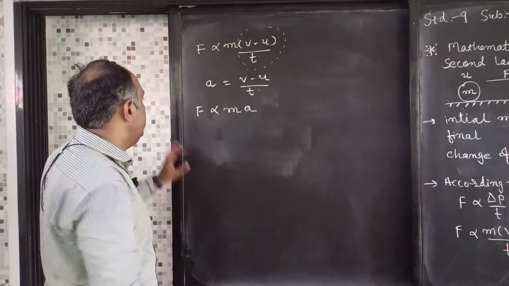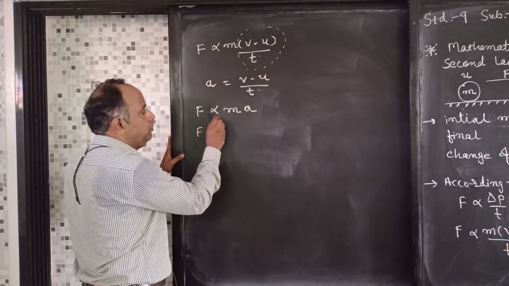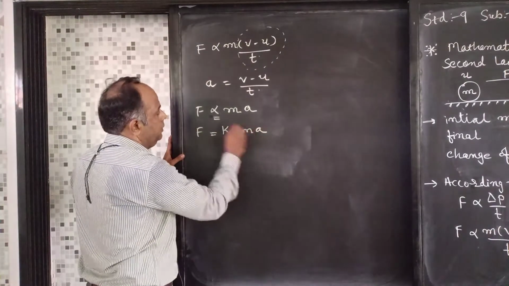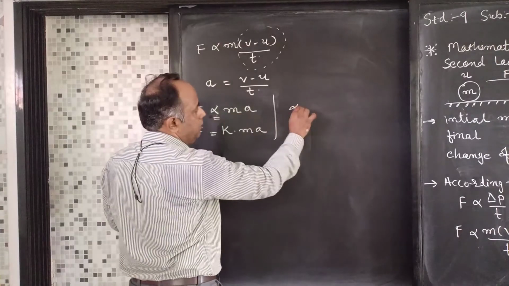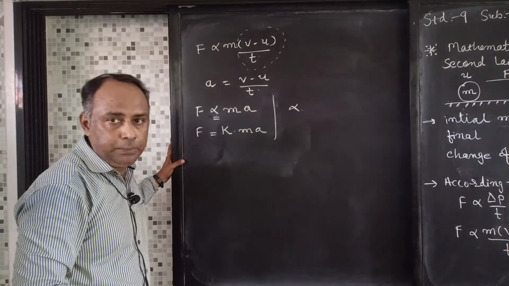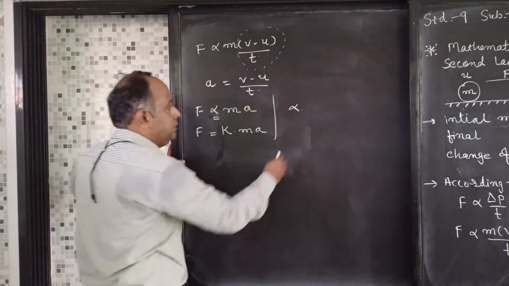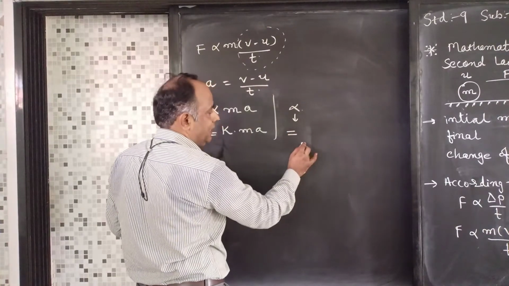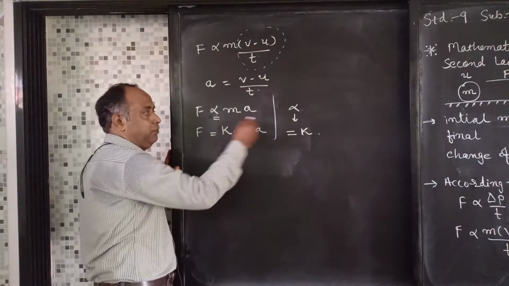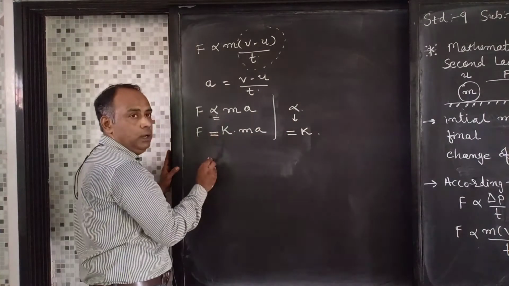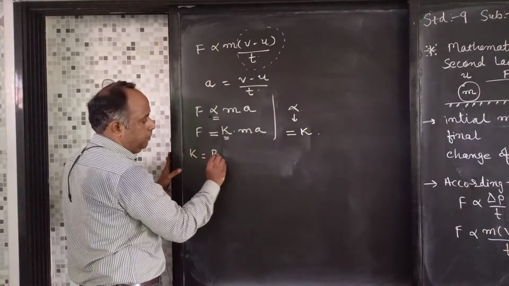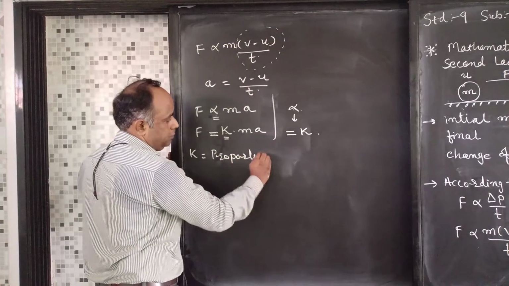So finally, what I am going to do is remove this symbol and use the equality sign and k instead. After removing it, the two sides become equal and one constant is used. This constant is called the proportionality constant.